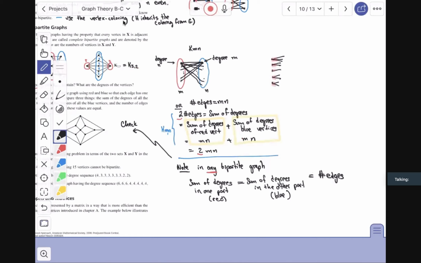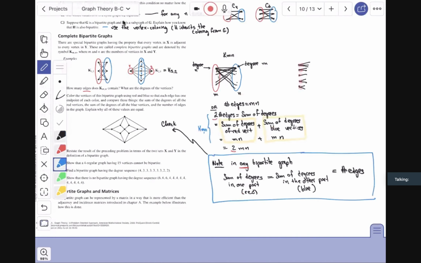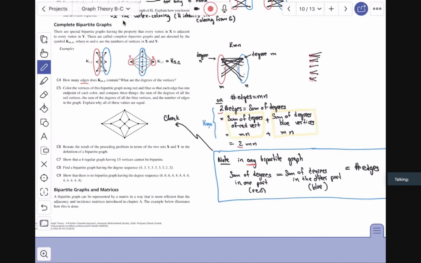But that's in general. This is for any bipartite graph. What I wrote before was actually for the complete bipartite graph K_{m,n}. Okay. Any questions so far?